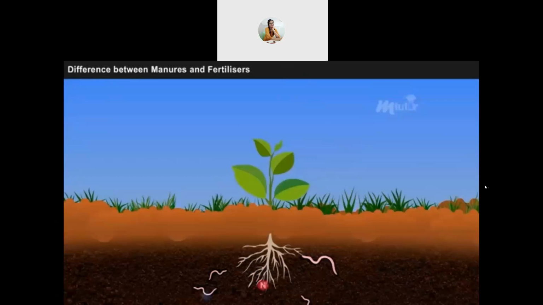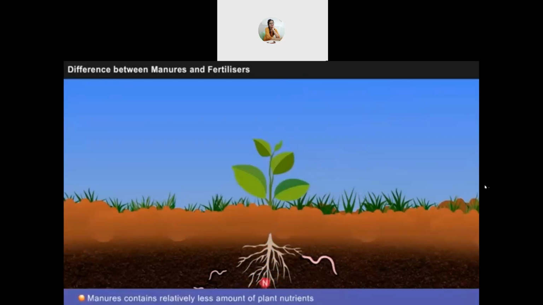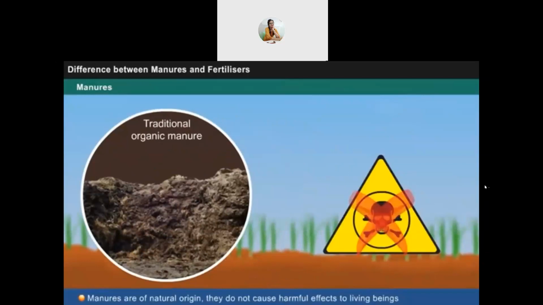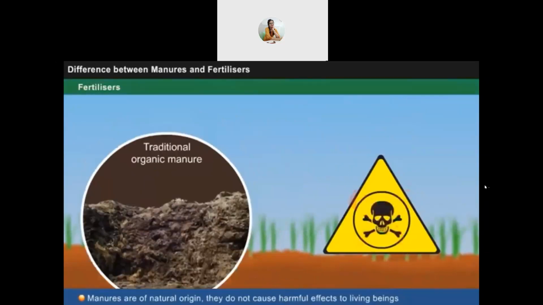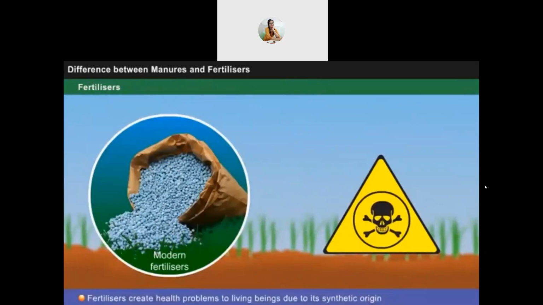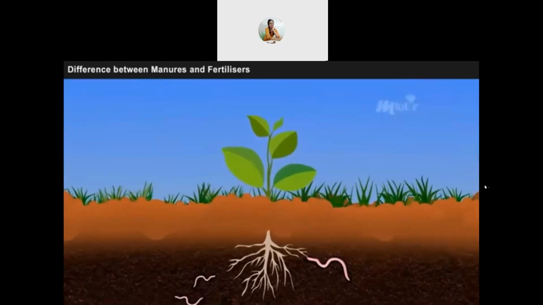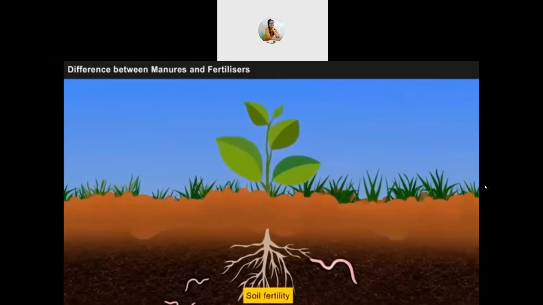Even though manures have all the essential nutrients, they contain relatively less amount of plant nutrients, whereas fertilizers are rich in plant nutrients. Since manures are of natural origin, they do not cause harmful effects to living beings, while the fertilizers create health problems to living beings due to their synthetic origin. Both manures and fertilizers are essential for maintaining the soil fertility.